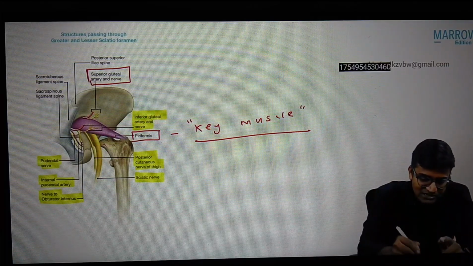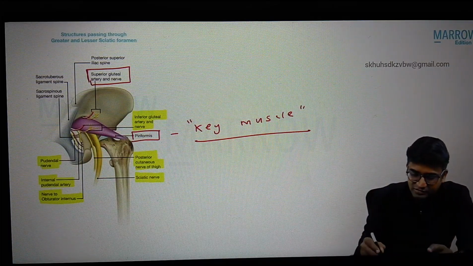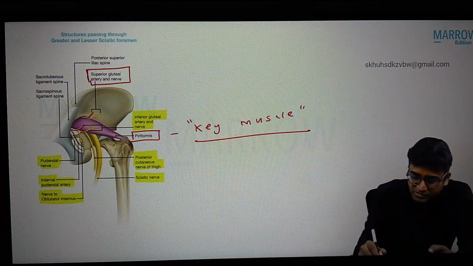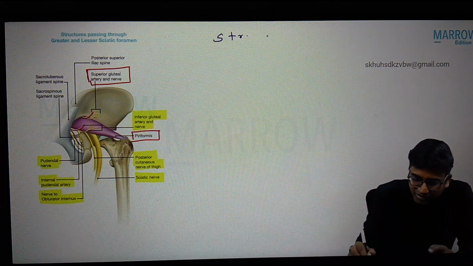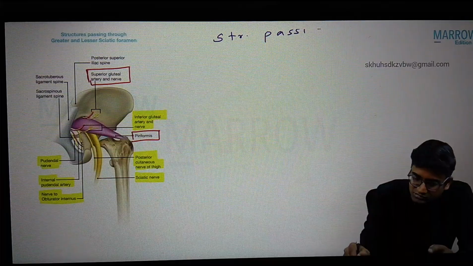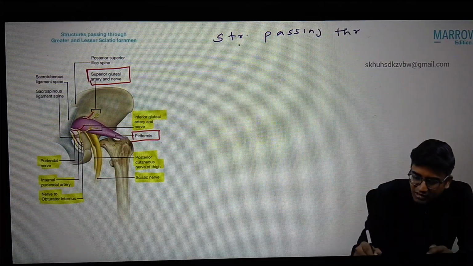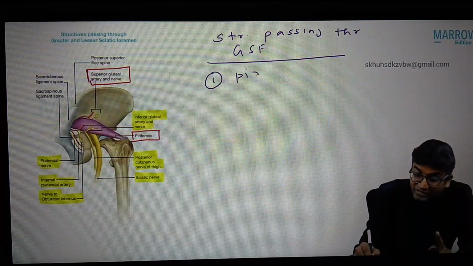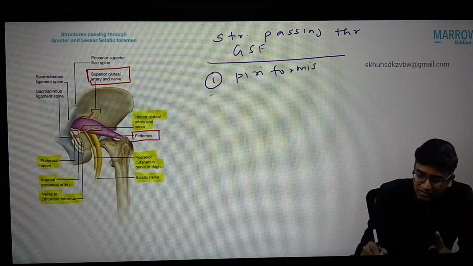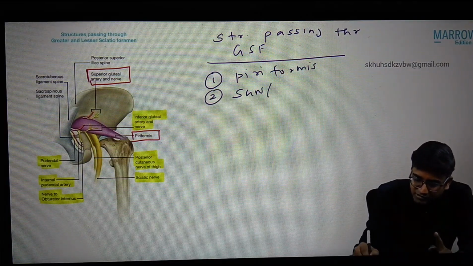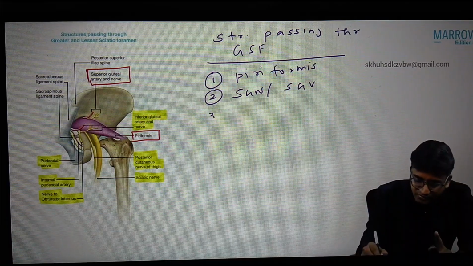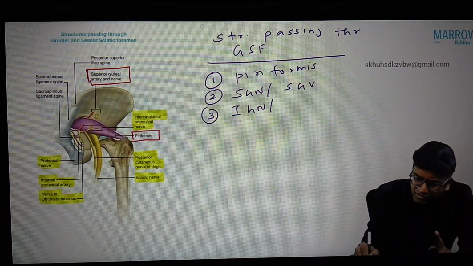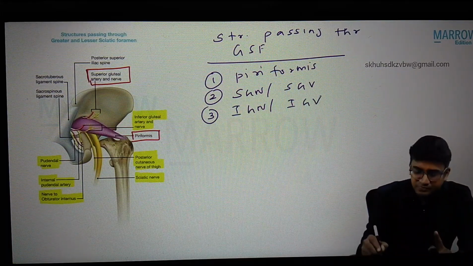So please write structures passing through greater sciatic foramen. What are those? Number 1, piriformis muscle. Number 2, superior gluteal nerve and superior gluteal vessels. Number 3, inferior gluteal nerve and inferior gluteal vessels.